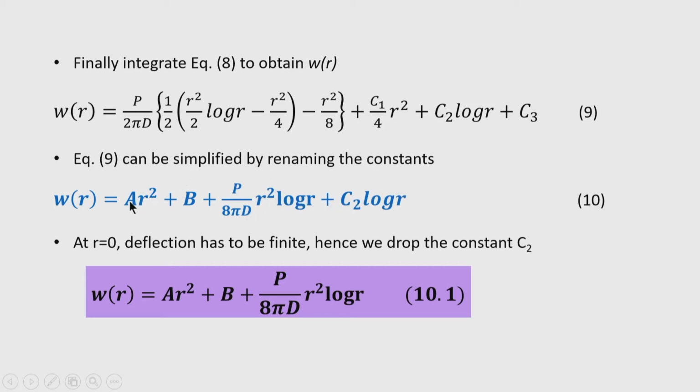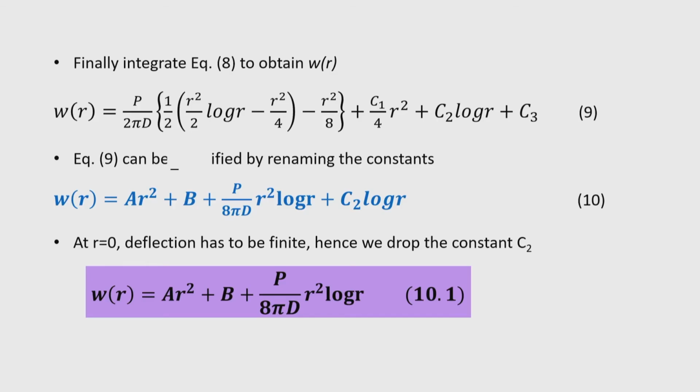So, the constants of integration are A, B and C2, that have to be evaluated by applying the boundary conditions at the edges. Now, you can examine the nature of the expression. At the point of application of the load we will get the maximum deflection as well as the maximum bending moment, it is obvious.